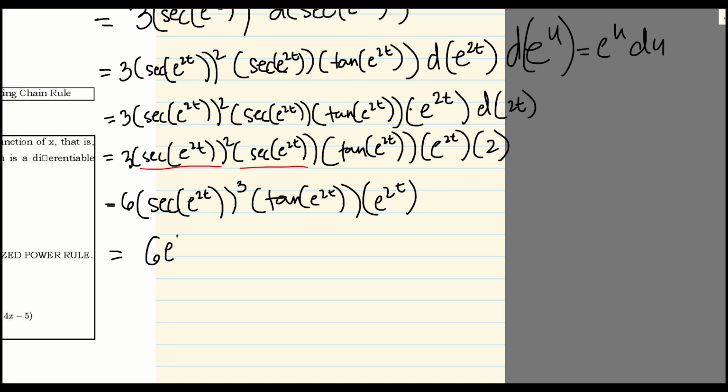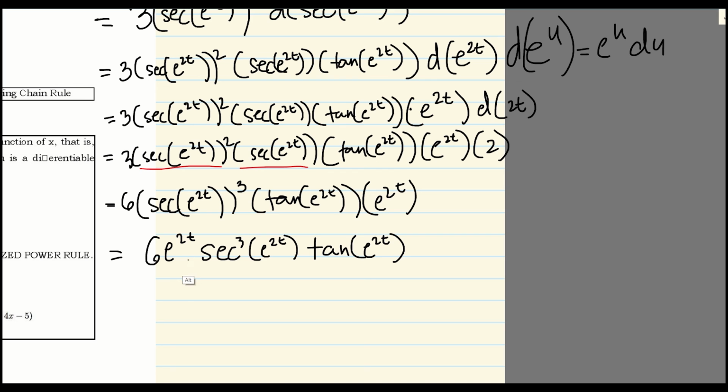And then we have here 6 e to t times sec cubed e to t and tan e to t.